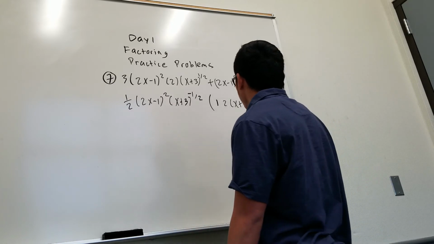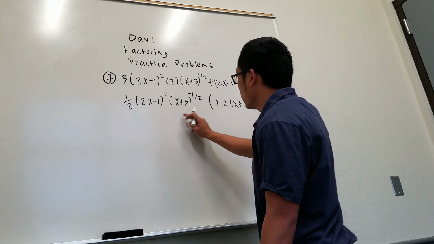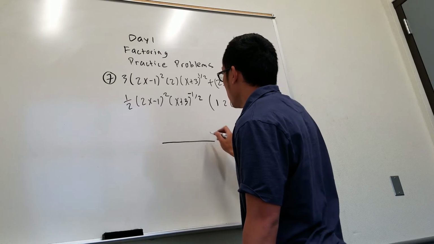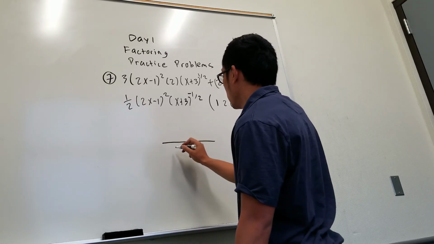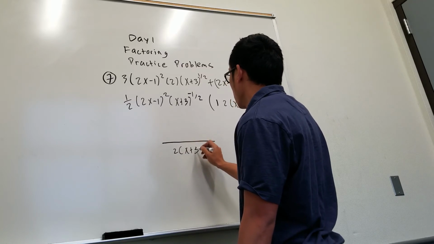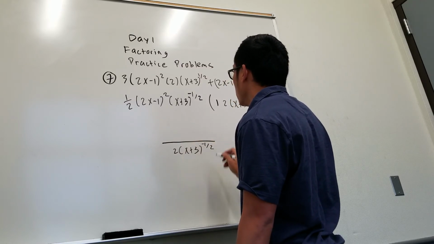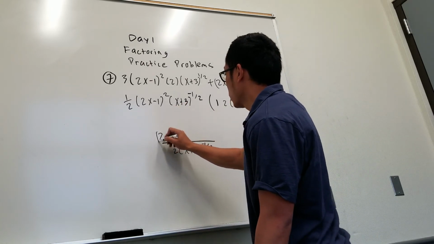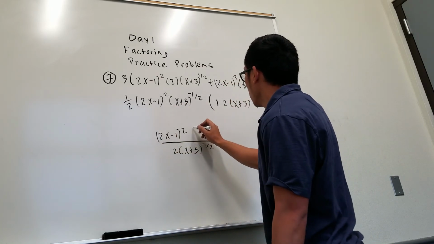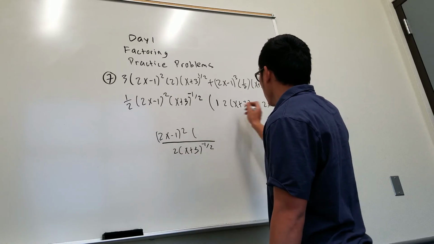So here we can combine like terms, but before I do, I want to take the negatives and put them on the bottom, and the 2 also, the 2x plus 3 to the negative 1/2, right? So now here, what's left? We have 2x minus 1 squared. Here, what's left is combining like terms.